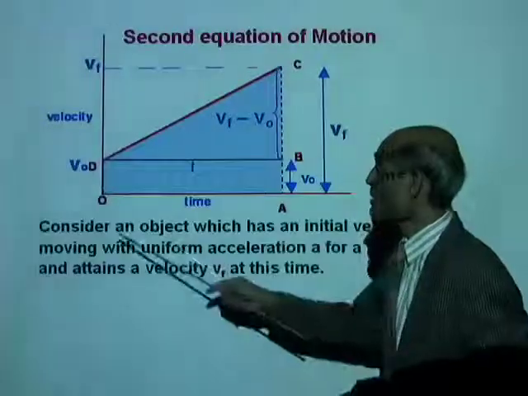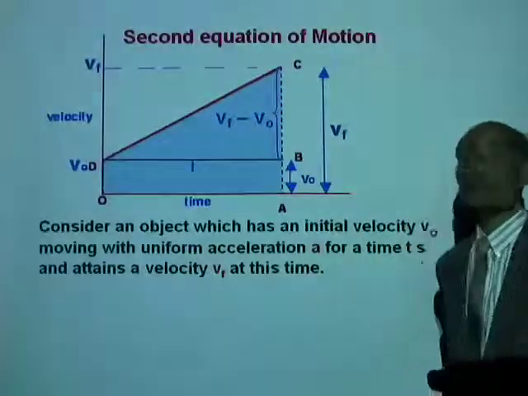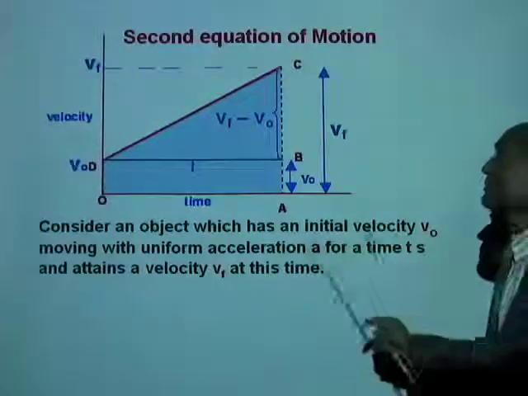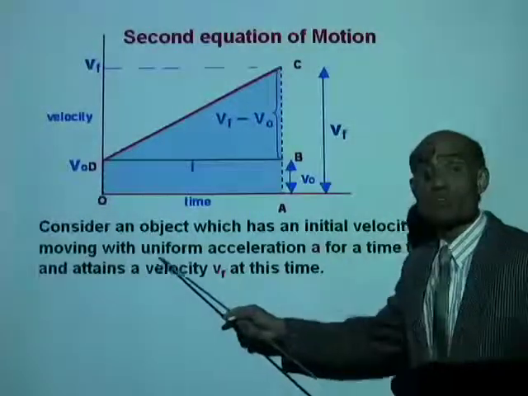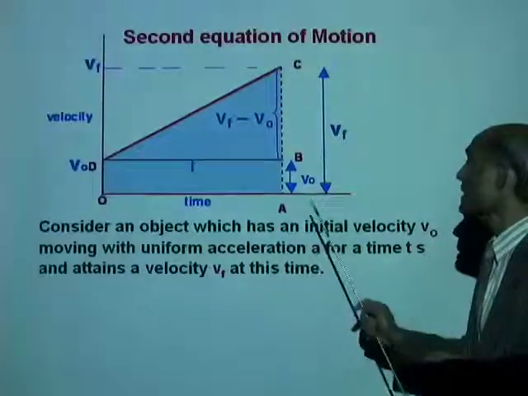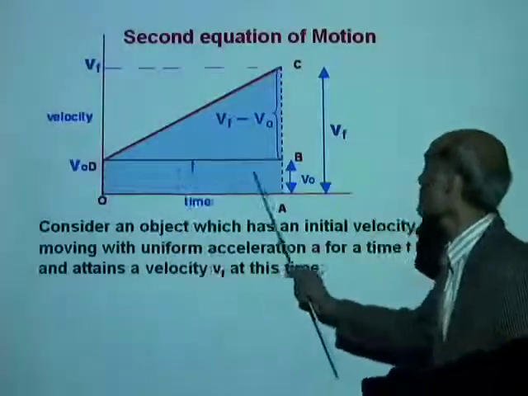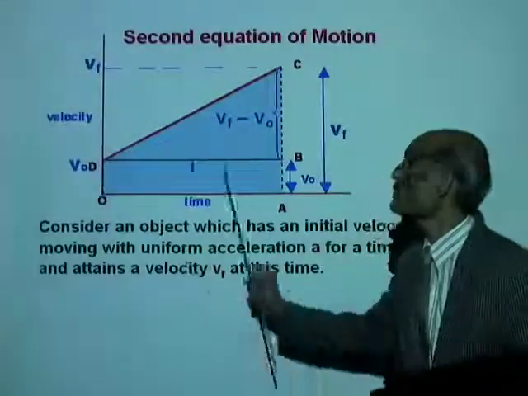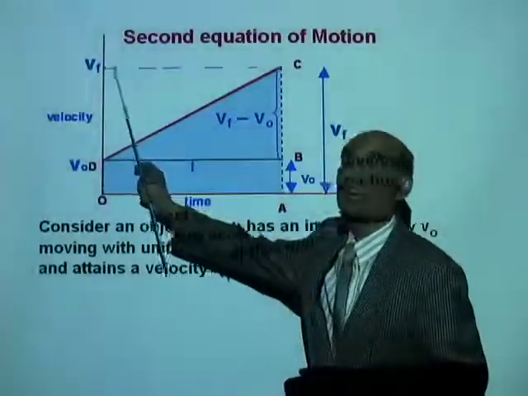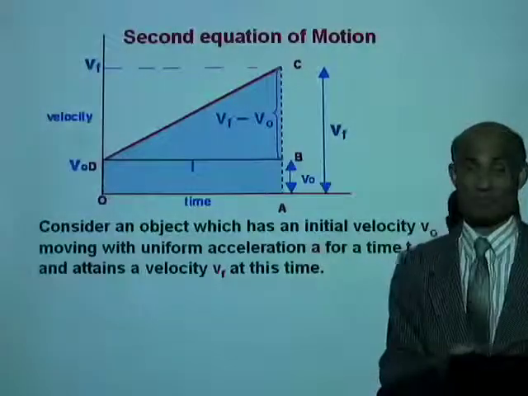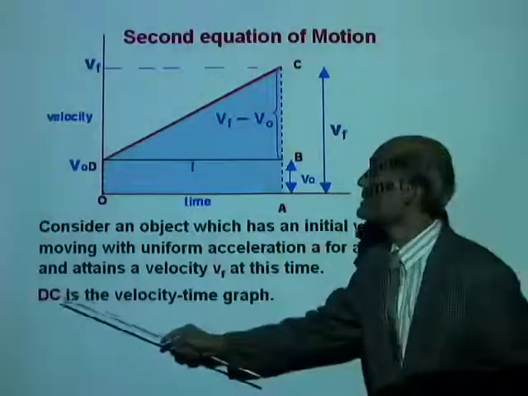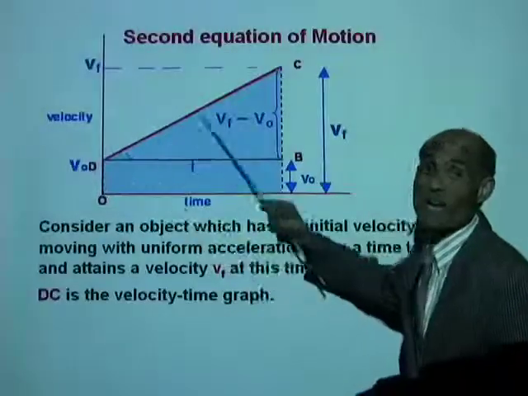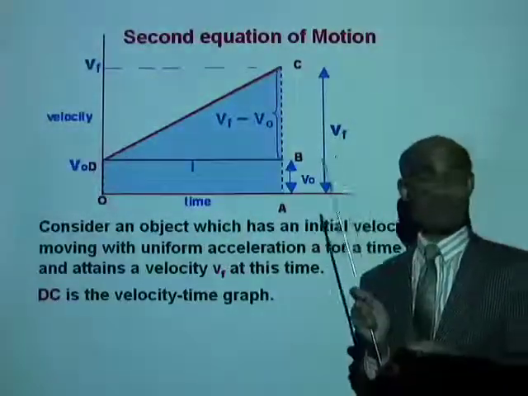Alright, now consider an object which has an initial velocity V0 moving with uniform acceleration a for a time period t seconds and attains a velocity Vf during that time. Now this is the velocity-time graph of that particle, is that right?